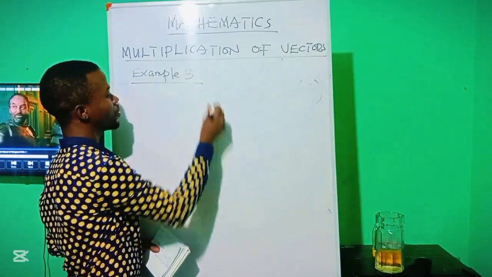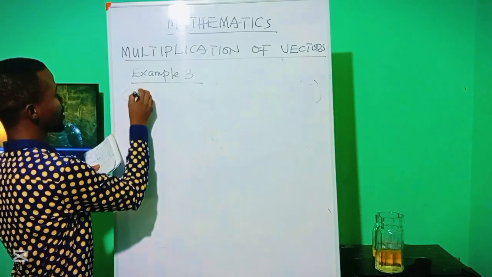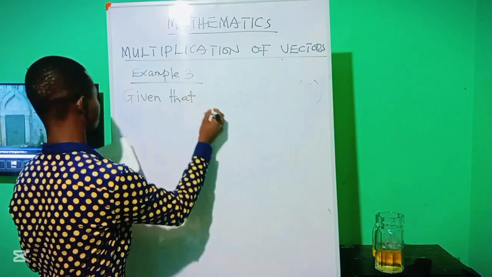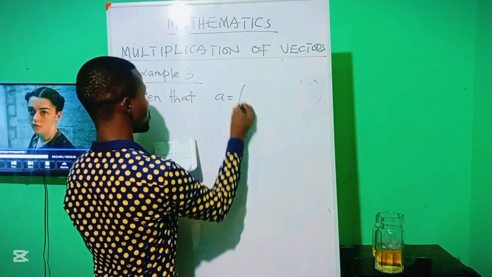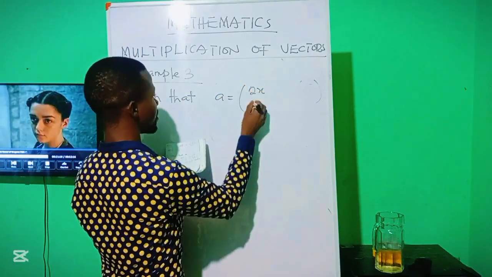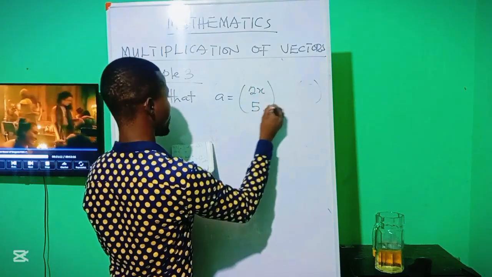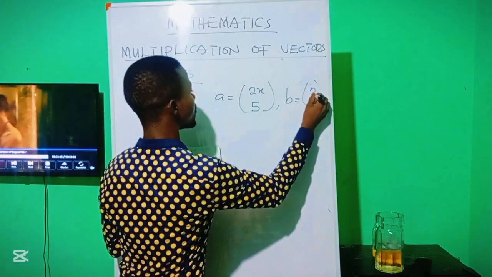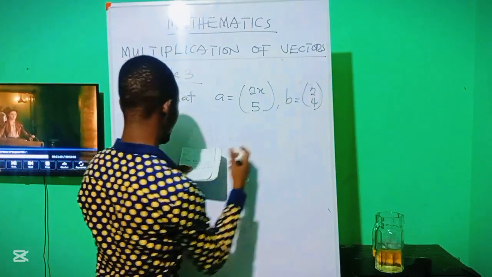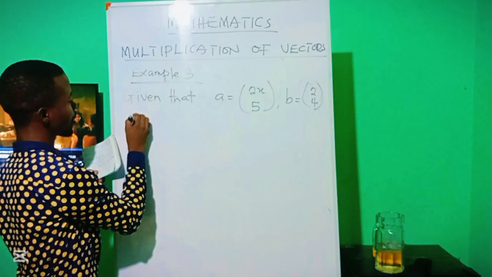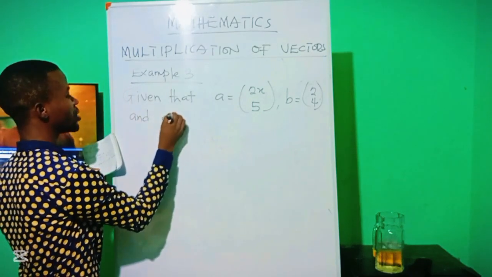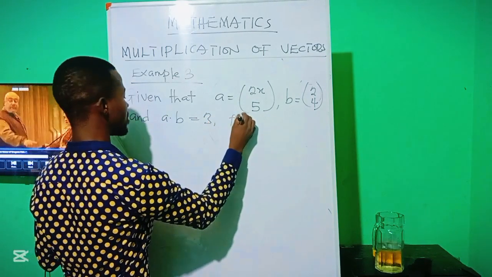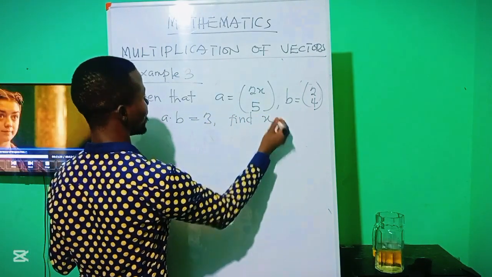Example 3. Given that a is equal to (2x, 5), b is equal to (2, 4), and a dot b is equal to 3, find the value of x.